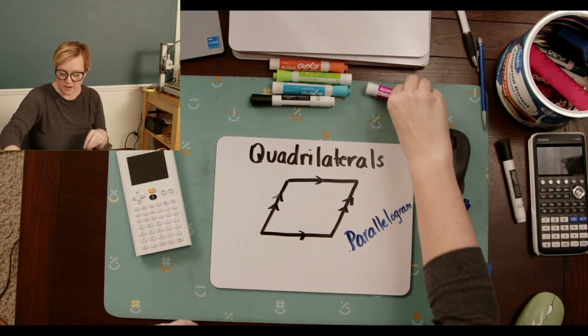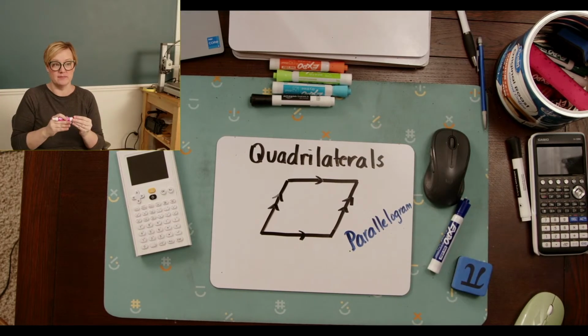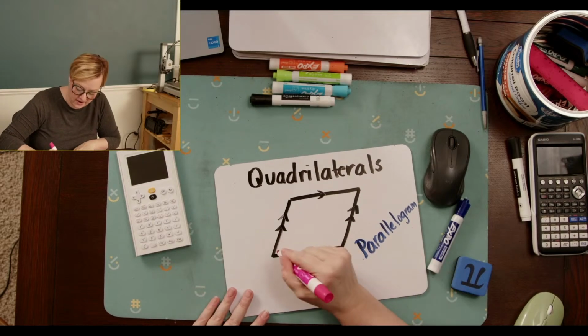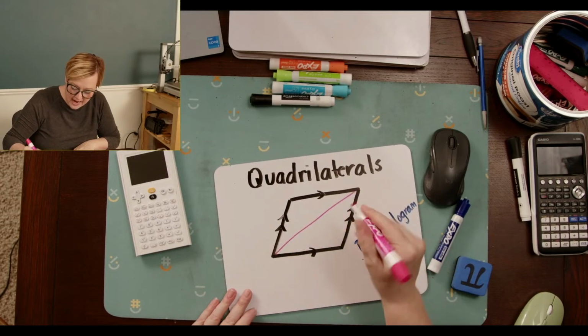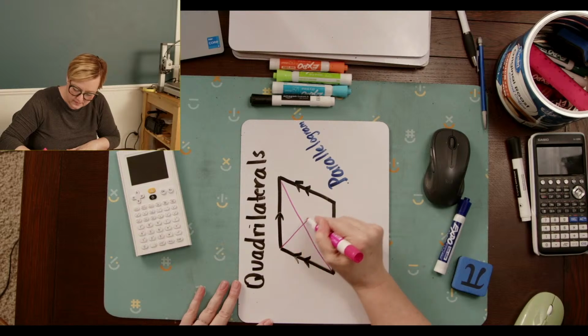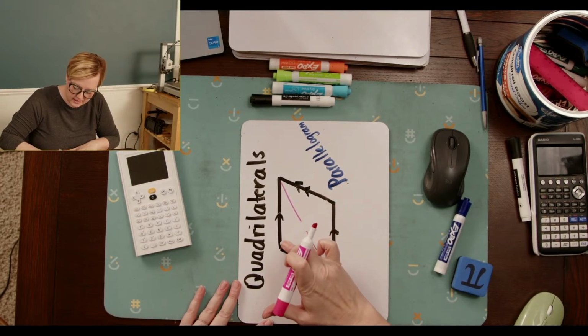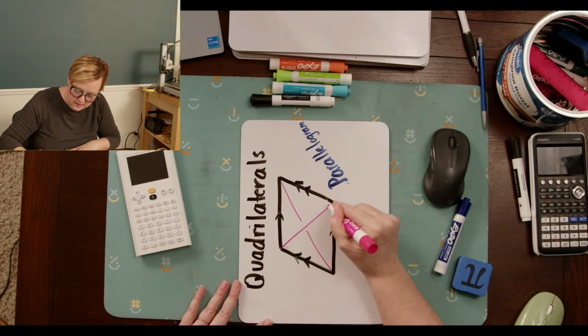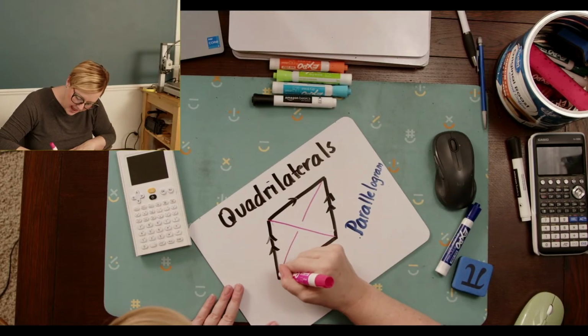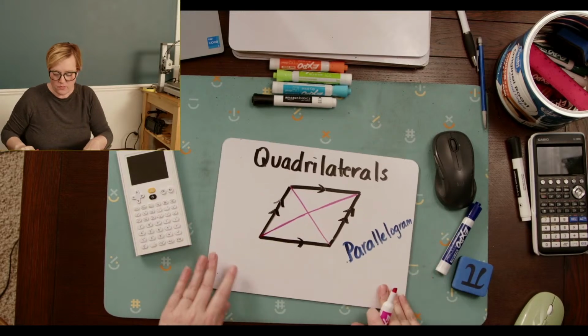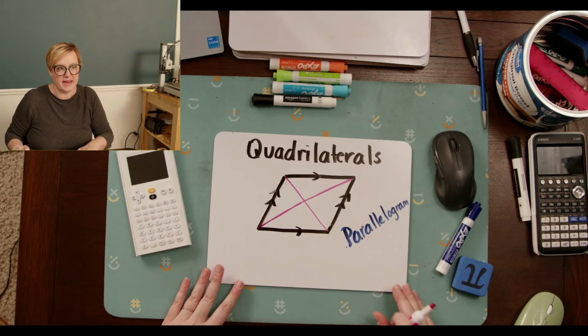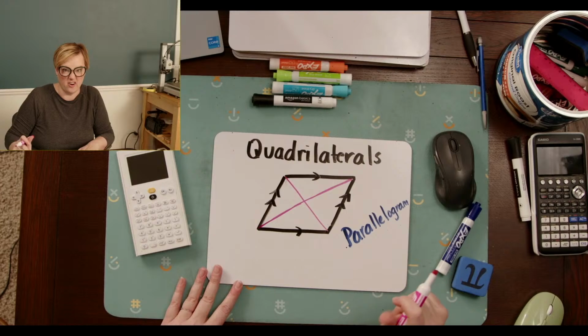Okay, so in any parallelogram, so this is a rhombus, this is a rectangle, you've got these two diagonals. Let's get this. Okay, so you've got these two diagonals, and what they actually do is they bisect each other.